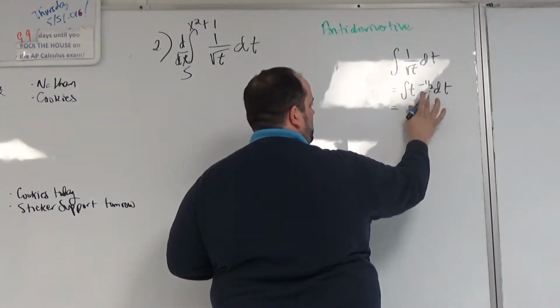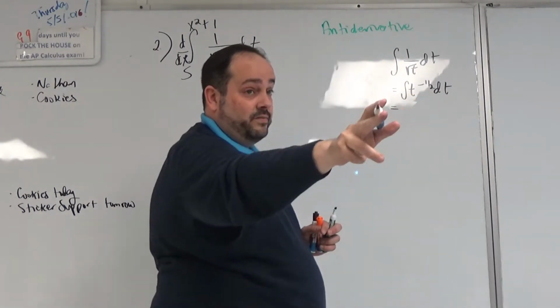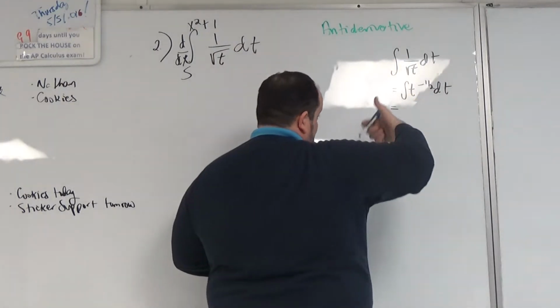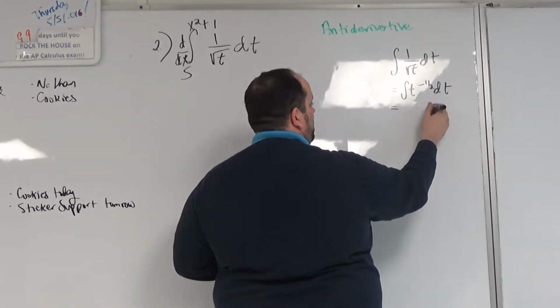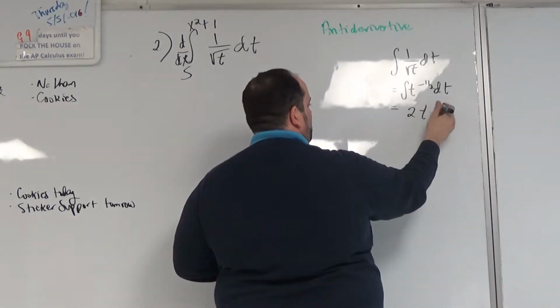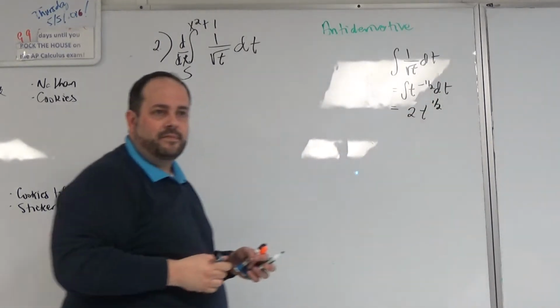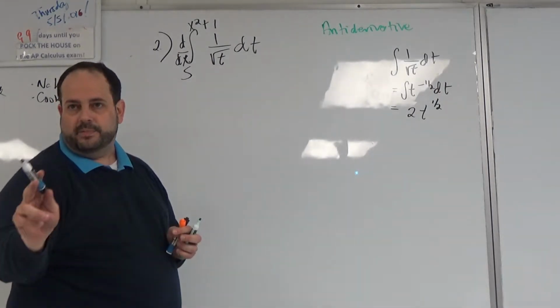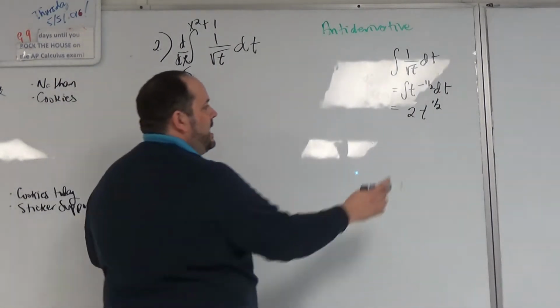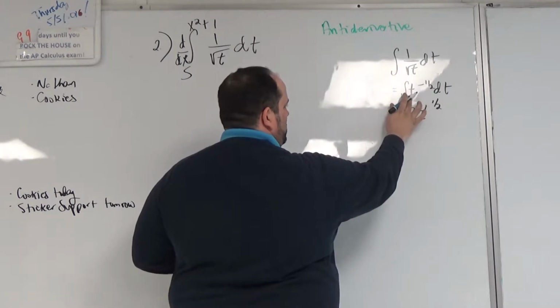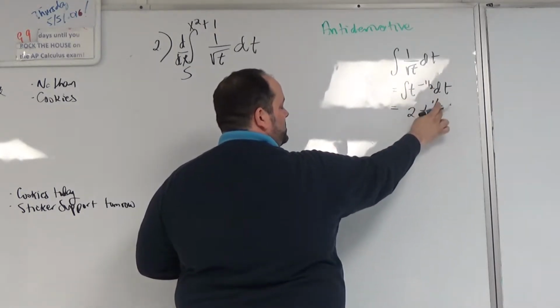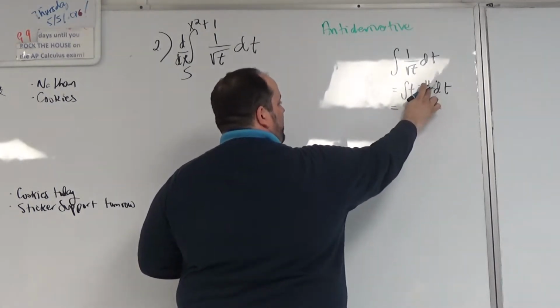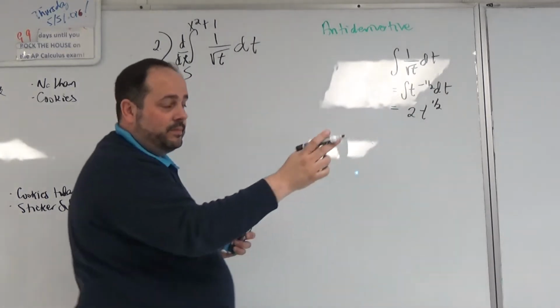Think about antiderivative. Power up. Right, so it'll be 2t to the half. Is everybody okay with the 2t to the half? Even now at 25 years old, I add 1 to the power first, then I divide by the number.